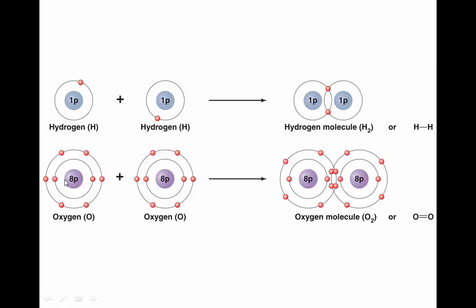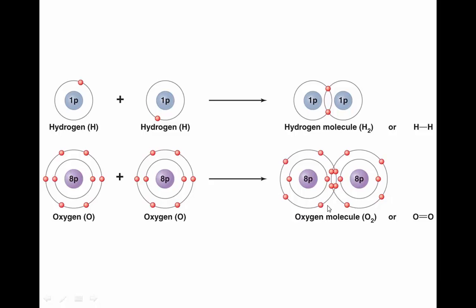Oxygen is another element that will form molecules. Now, if you look at oxygen, in its outer shell, it has 6 electrons. So it's looking for 2 more electrons to have a full outer shell. In this case, when oxygen overlaps, it actually shares 2 electrons with the other atom. Now, this is called a double bond because they're sharing 2 electrons.